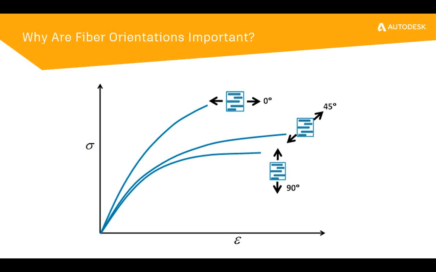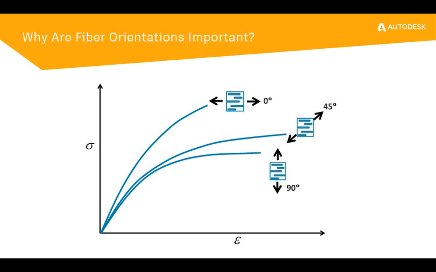So you can see the last data point on each of these three blue curves is the rupture stress of our plastic material. And for this particular material, we can see maybe a 60 or 70% increase in the strength of the material when the part is loaded in the orientation of the fibers versus 90 degrees to the fiber orientation.